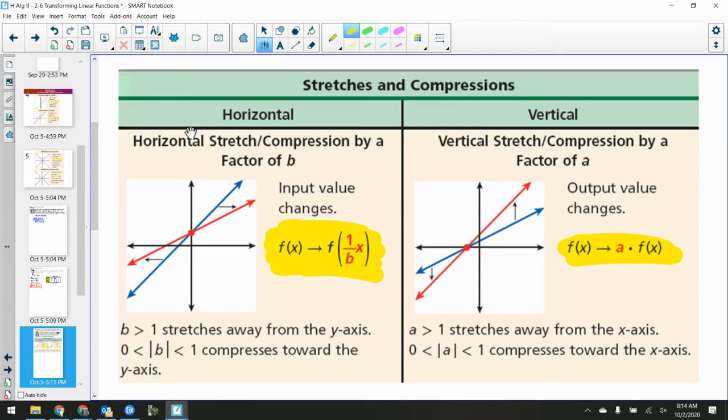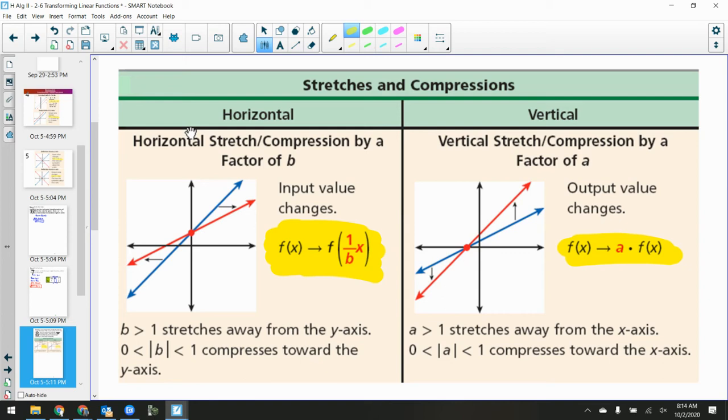All right, so this is going to map to, what do we want to do? You guys get to choose. What do you want to do, a stretch or compression? Stretch by what? By 8. Oh, chicken nuggets. So we're going to horizontal stretch by 8.